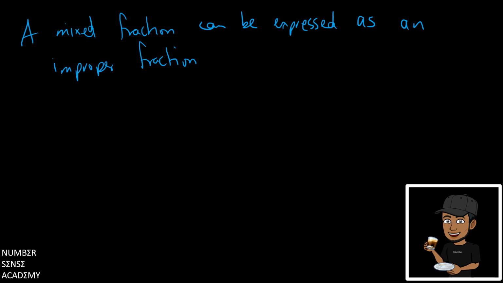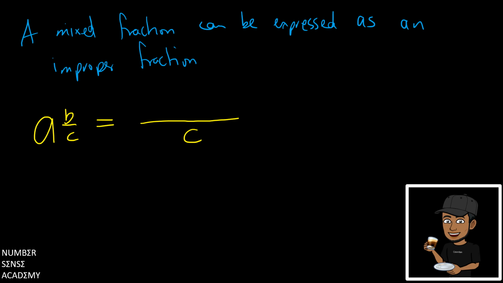Okay, so a mixed fraction can be expressed as an improper fraction. So how do you do that? Remember, a mixed fraction, we normally write it as A times B over C. How would we express this as an improper fraction? It's a formula and it's simple. We're going to keep this C as our denominator.